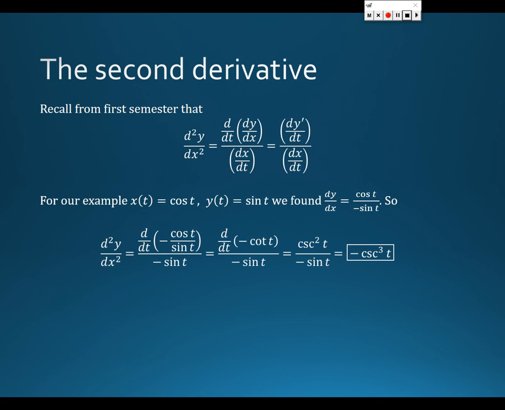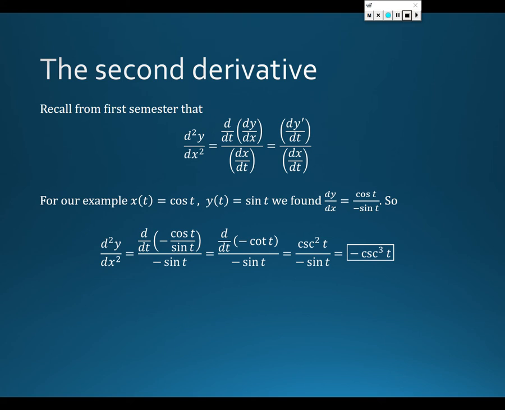The equation that we did a second ago is dy/dx equals cosine t over negative sine t. So if we take the derivative of that again with respect to t, in the numerator, that's negative cotangent, so the derivative of that is cosecant squared. And in the denominator, we just have dx/dt, and we already said that's negative sine that comes along, and we have an answer there for the second derivative.